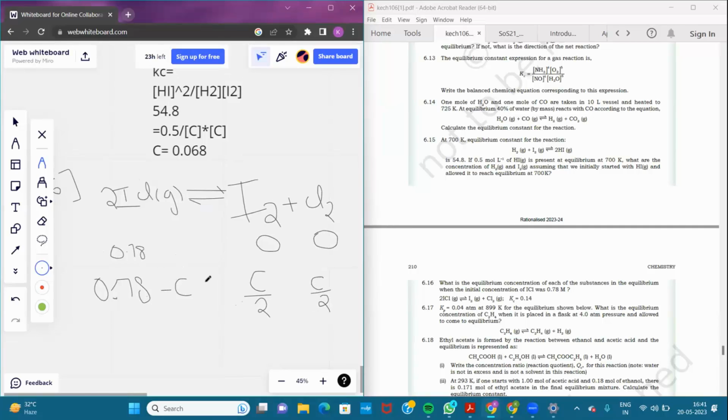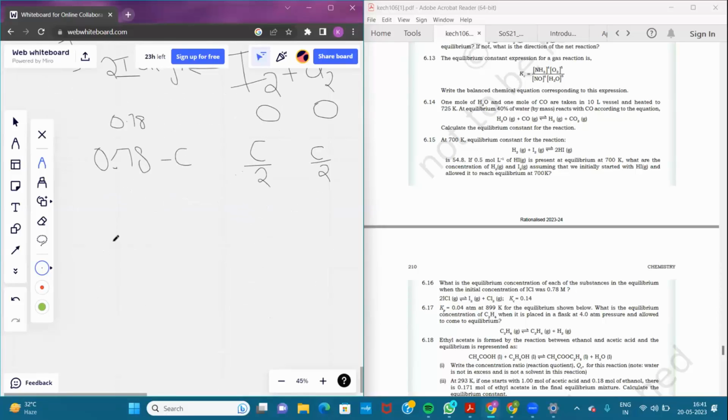If we take this as 2C, these two will become C and C. Kc was given, so we can directly write Kc equals the concentration of I2, that is C/2. Kc is not that small, so we can't neglect the C from the denominator. So we'll need to directly solve the quadratic expression obtained here.